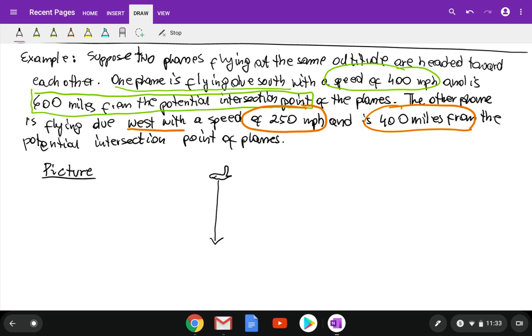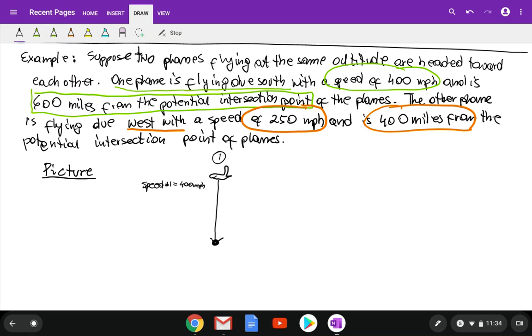What we know about plane 1 is its speed. I will put speed 1: this plane is 400 miles per hour. And we know that it is 600 miles from the potential intersection. We'll talk about that intersection point in a second.